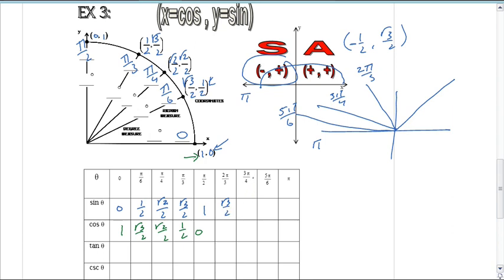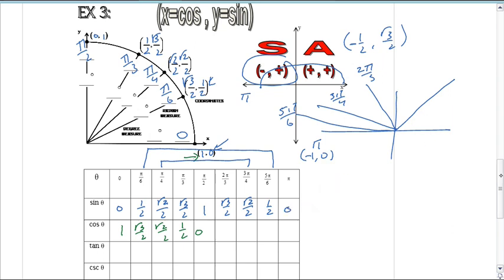Now, what we could do with our table is look, hey, there's the reference angle. Make sure you put the right positive or negative in front. So in this case, it would be radical 2 over 2, and it would be positive because it's the y value. For 5 pi over 6, the reference angle is right there. That's 1/2. And then for pi, we basically have the ordered pair -1 comma 0, so it's going to be 0.